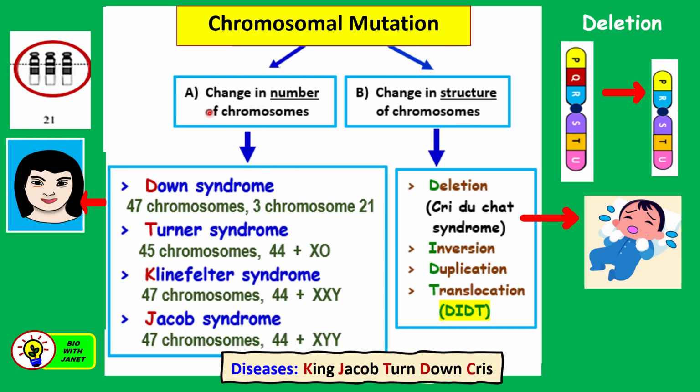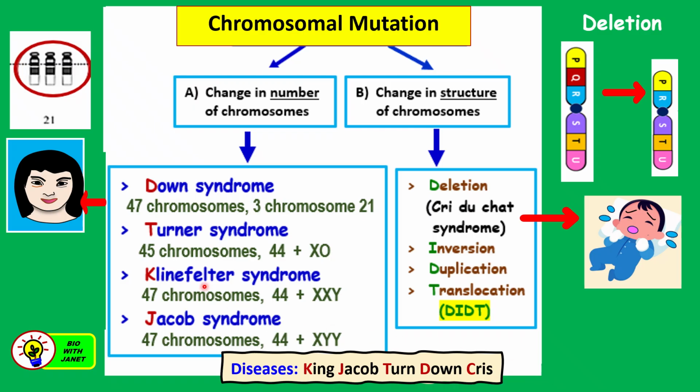Then, secondly, we'll discuss change in number of chromosomes, which causes Down syndrome, where there are 47 chromosomes per diploid cell, Turner syndrome, where there are 45 chromosomes per diploid cell, Klinefelter syndrome, and Jacob syndrome. The acronym for all these different diseases caused by chromosomal mutation is King, Jacob, Turn, Down, Chris.